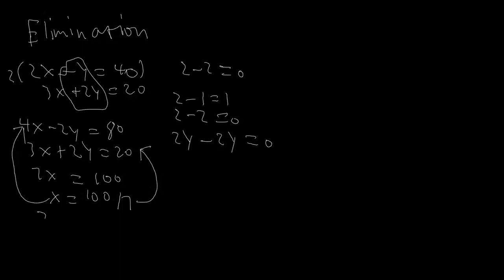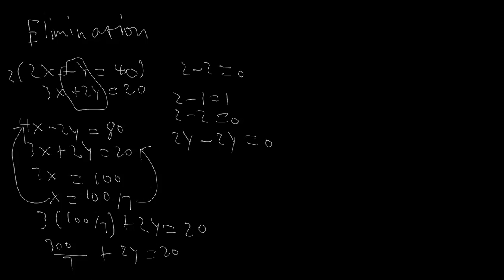So the bottom equation would then be 3 times, be careful here, make sure x gets plugged in properly, 3 times 100 over 7 plus 2y is equal to 20.